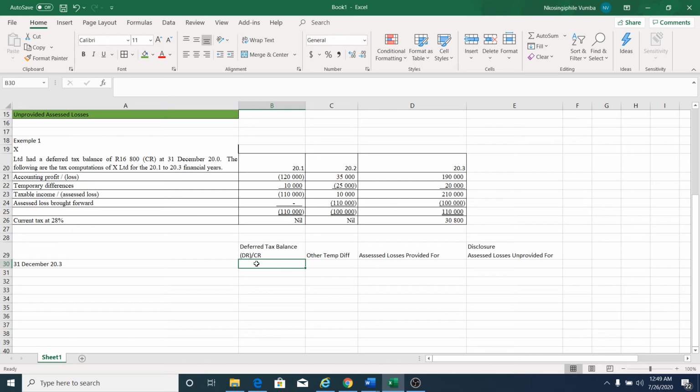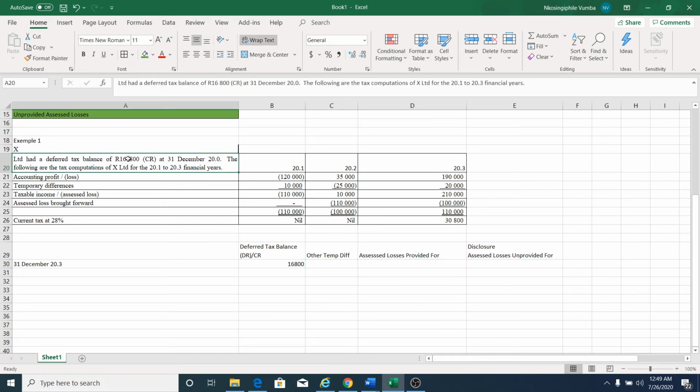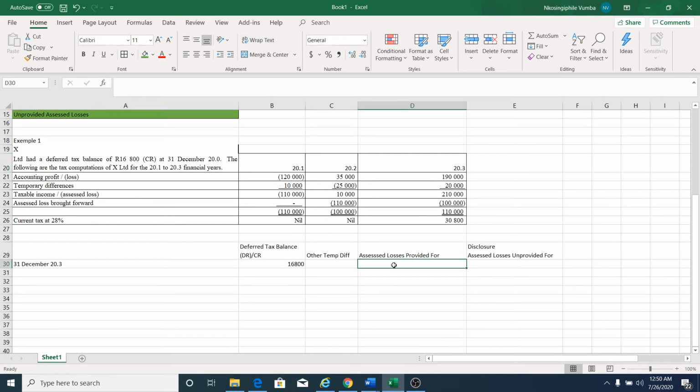We said liabilities are positive, so we have a deferred tax liability of 16.8. And for the fact that we have a deferred tax liability and nothing talks about the losses, it means we did not have any assessed losses in that period.